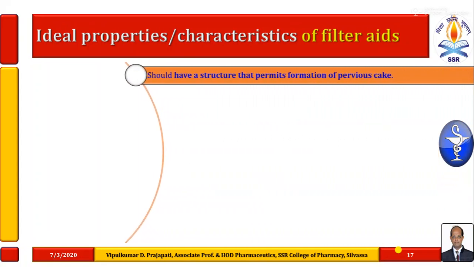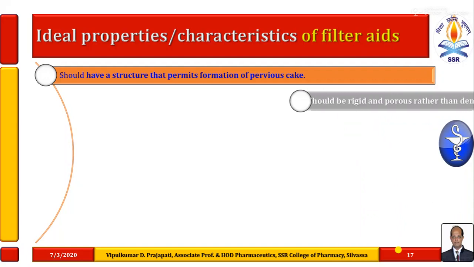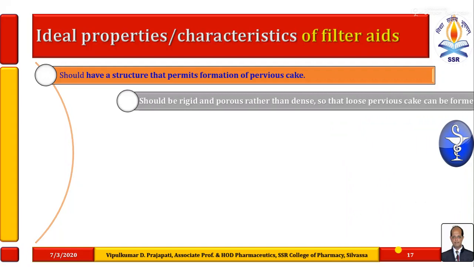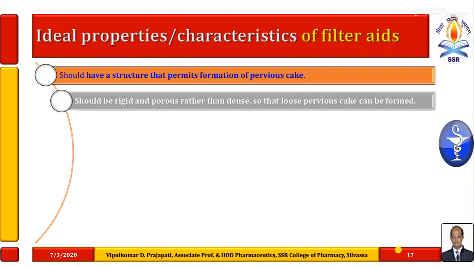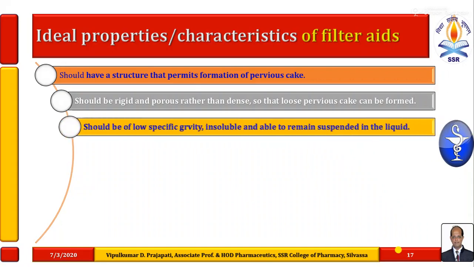It should have a structure that permits formation of a pervious cake. It should be rigid and porous rather than dense so that a loose pervious cake can be formed. It should be of low specific gravity, insoluble, and hence able to remain suspended in the liquid.